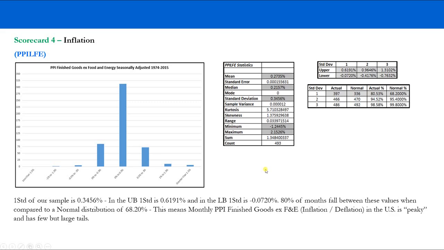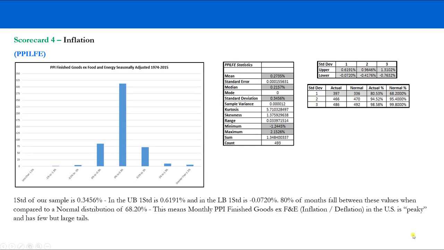standard deviation statistics, we can further learn again what is considered to be normal. So what are the bounds of normality? Well, our bound of normality here, our one standard deviation of our sample, is 0.3456%, as referenced from the descriptive statistics for PPI X food and energy.